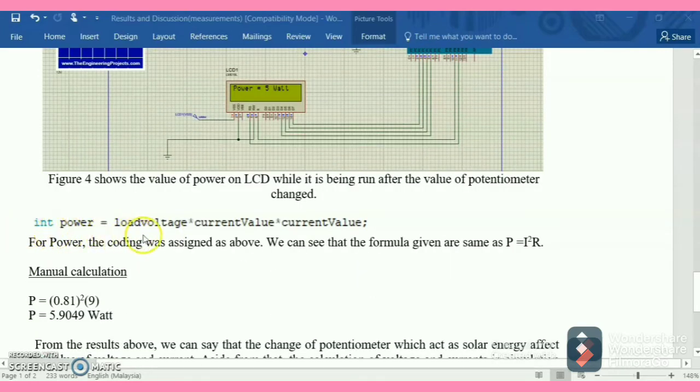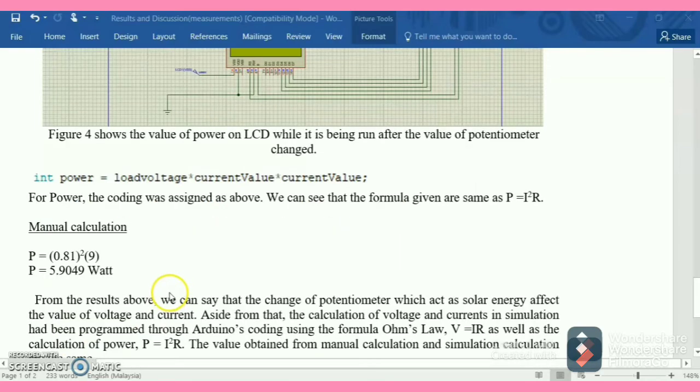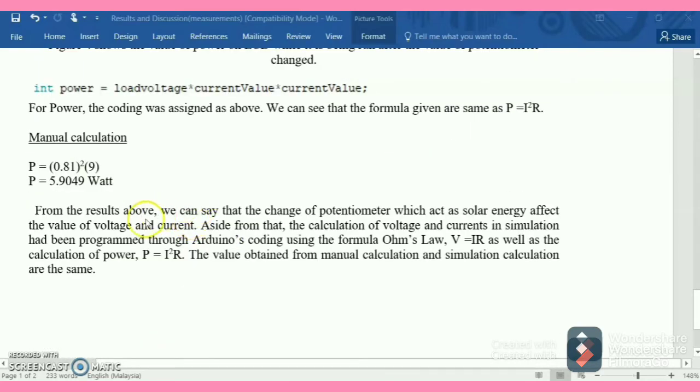This is the coding for power. As we can see, the formula given are same as P equal to I squared R. This is the manual calculation. The power we've got is 5.9049 watt. From the result, we can say that the change of potentiometer, which act as solar energy, affect the value of voltage and current.